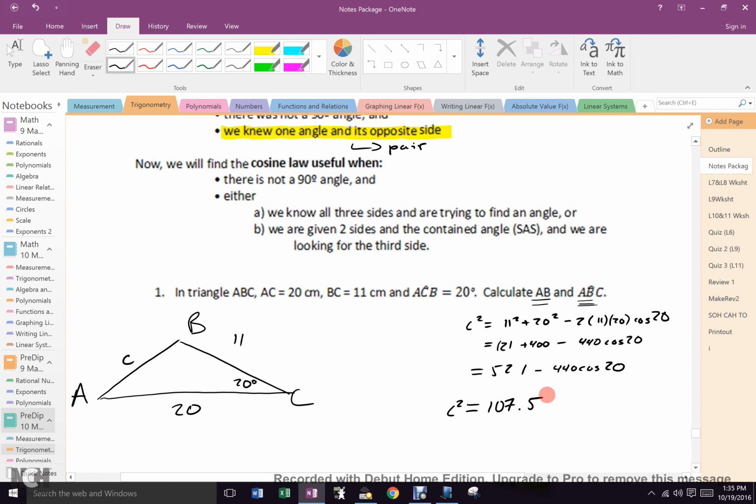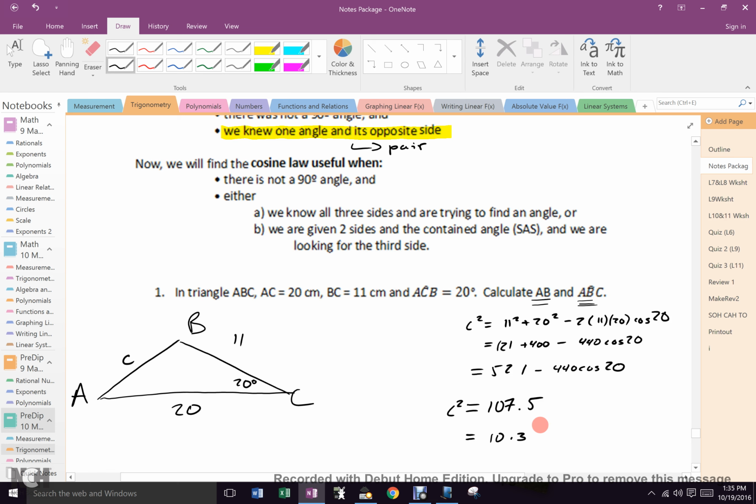Could you all get 107? Everybody can? It's just calculator work, right? Now, what do I have to do to 107 to get the actual side length? Square root it. Which is what? 10.36.